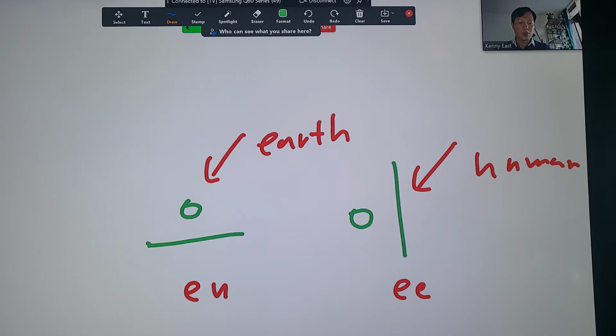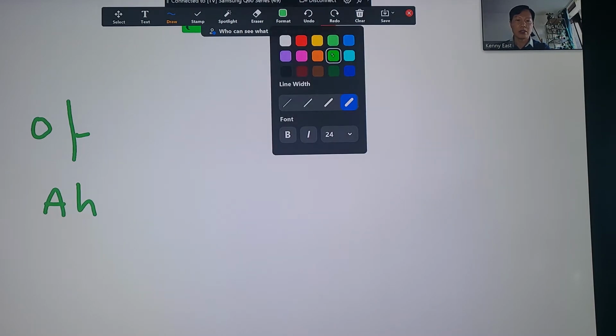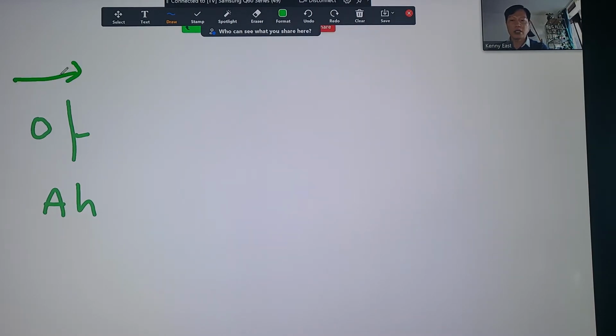Let's practice one more time. Now we are adding the face value, which makes the vowel into a letter. Starting from the first one again, we pronounce it like this. When writing Korean letters, always start from left to right.